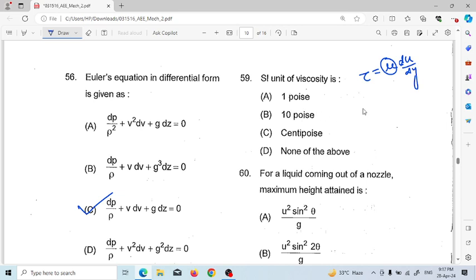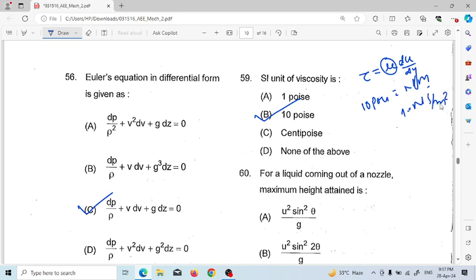So the CGS unit is poise. 10 poise is equal to 1 Newton second per meter square.